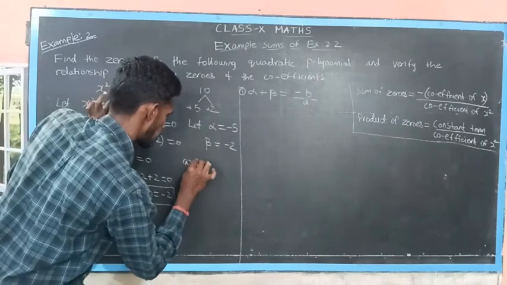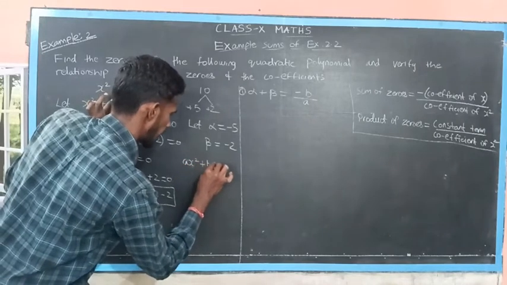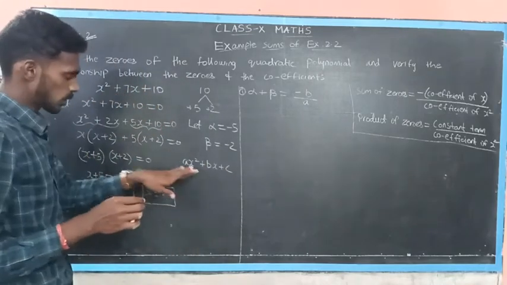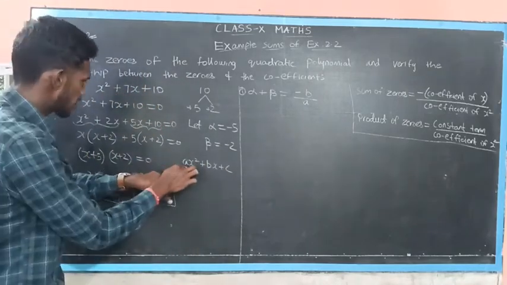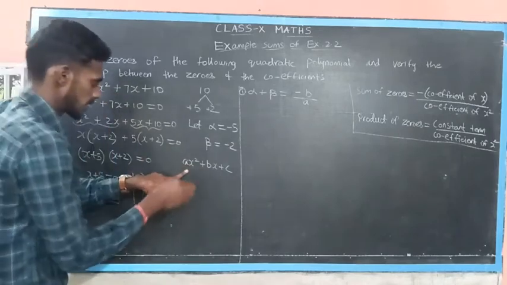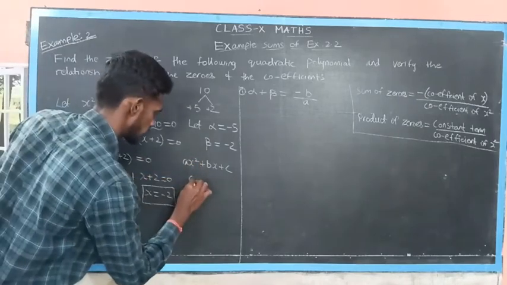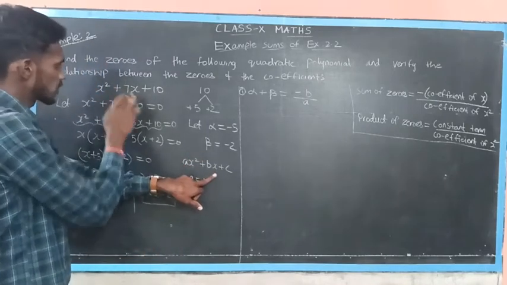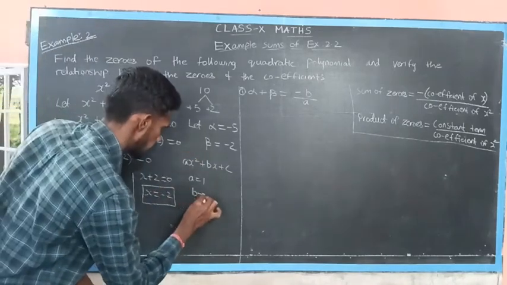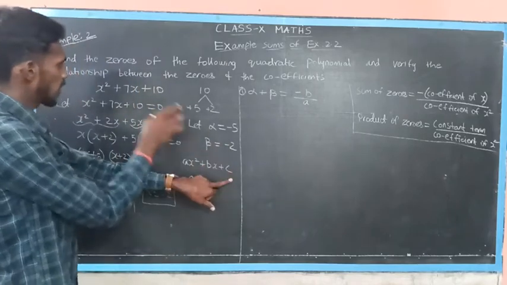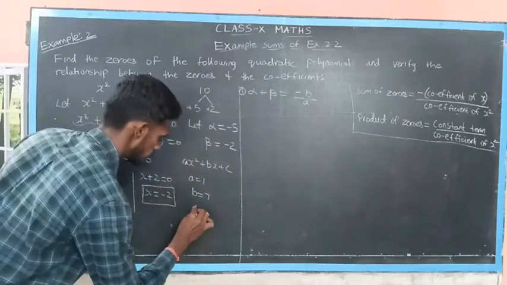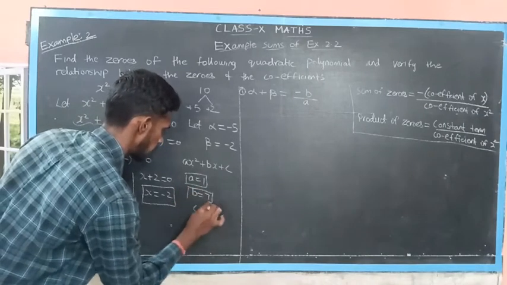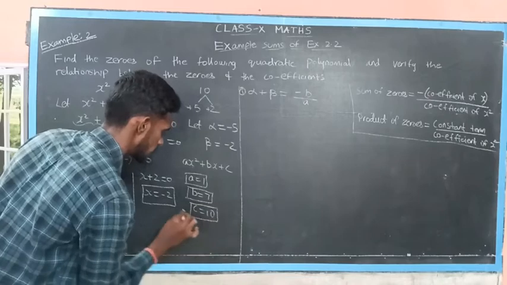The standard form of a quadratic polynomial is ax square plus bx plus c. So comparing this polynomial to the standard form, I get the value of a to be 1, the coefficient of x square. Then the x coefficient b value is 7. Then the constant term c value is plus 10. So a is equal to 1, b is equal to 7 and c is equal to 10.